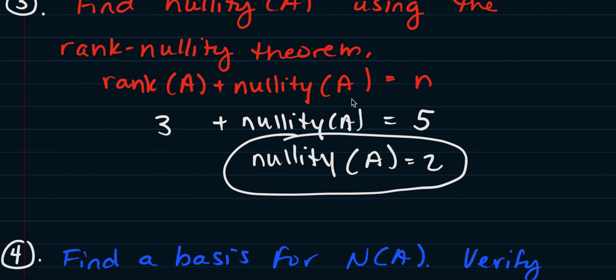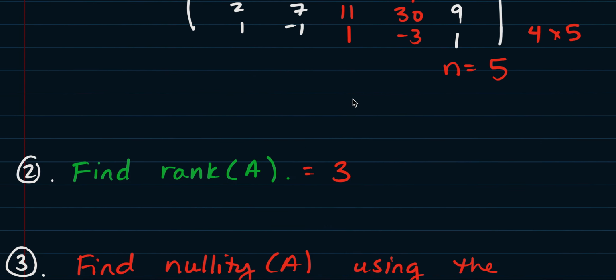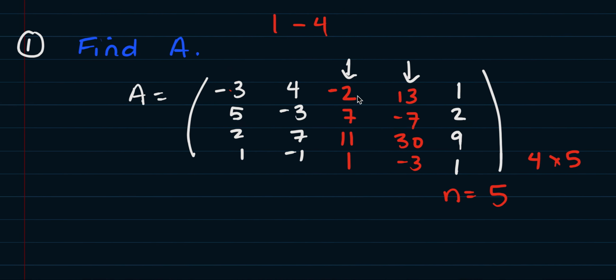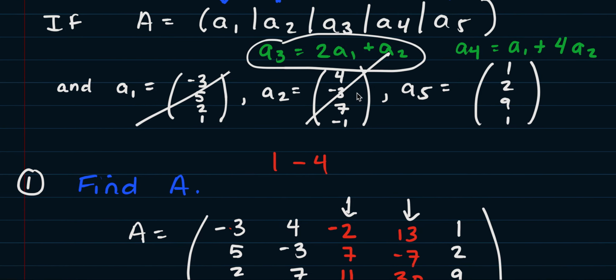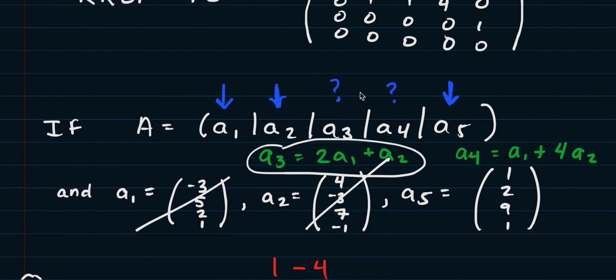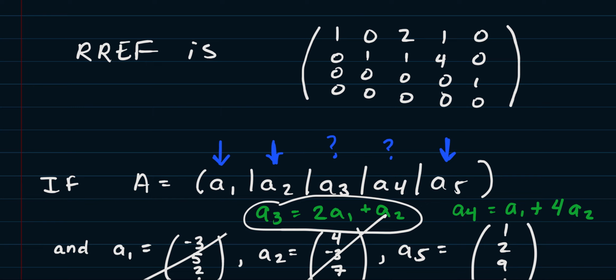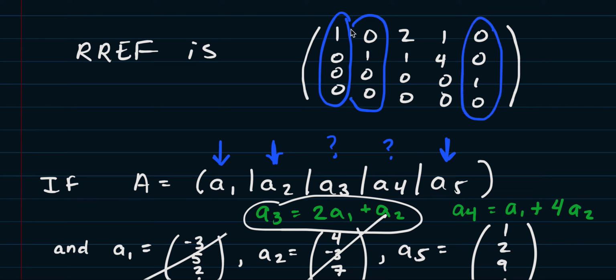Something else I could ask you, what is the column space and the row space of A? Well, the column space is going to be, remember that we look at the column space of the reduced row echelon form. These three, not that one, sorry. These three are linearly independent. You can see that these two are combinations of these two vectors here.